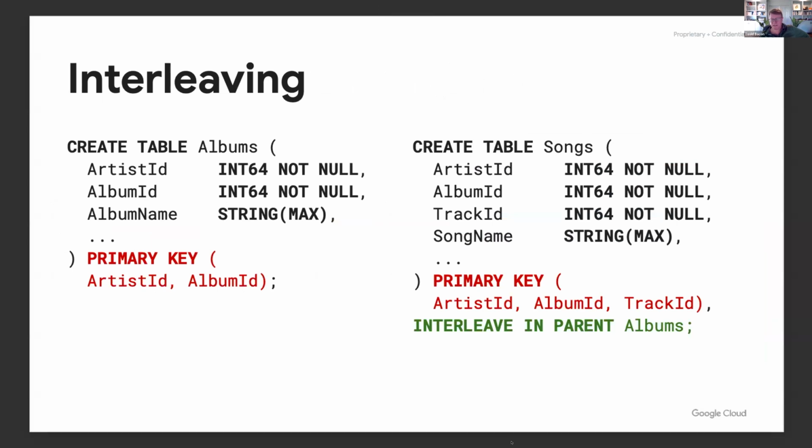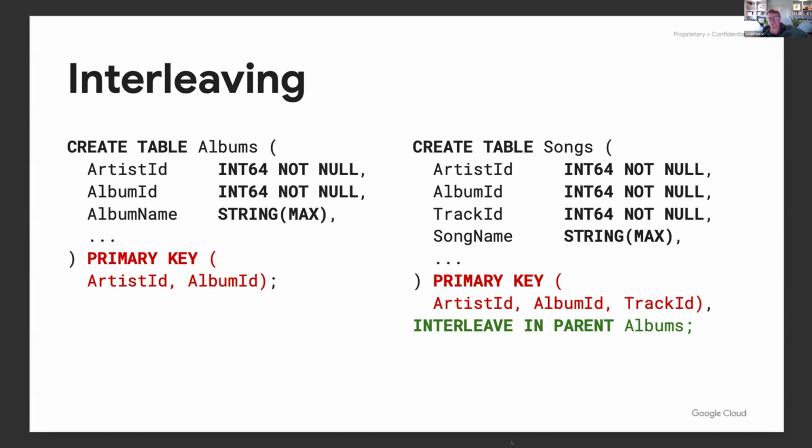One of the key things that we do in Spanner is interleaving. So basically, you can have the albums table and the song table, and you can use that clause at the bottom, interleave in parent albums.